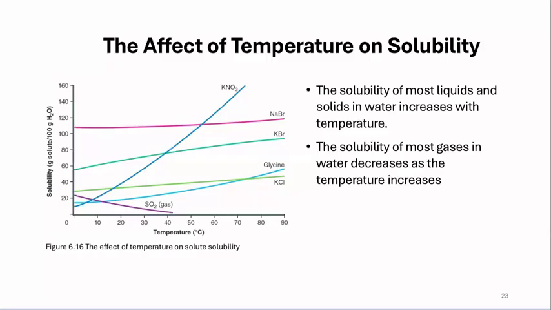When we look at the line graph in figure 6.16, we can observe how many solids, including potassium nitrate, sodium bromide, potassium bromide, and potassium chloride, as we increase the temperature of our solvent, we have an increase in the grams of solute that can be incorporated in 100 grams of water.